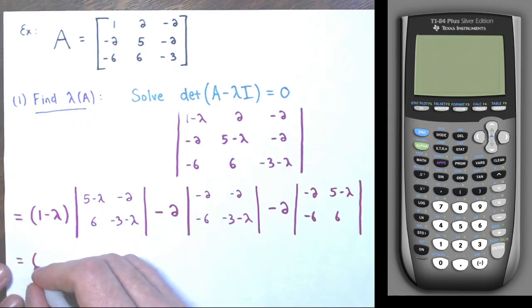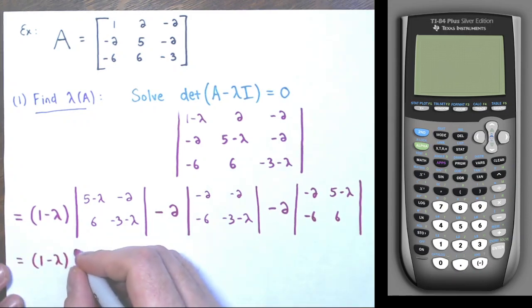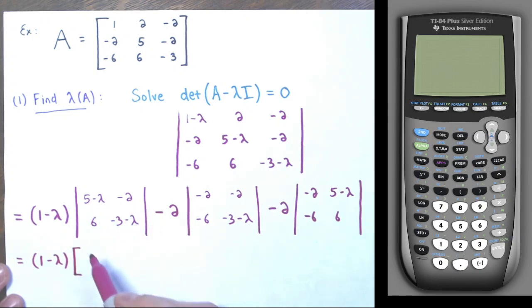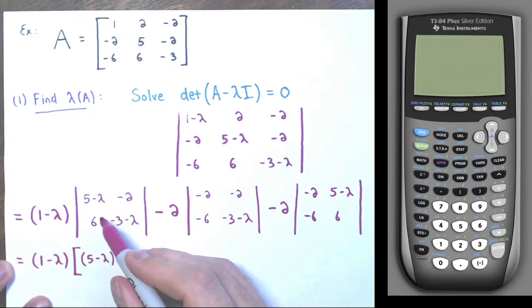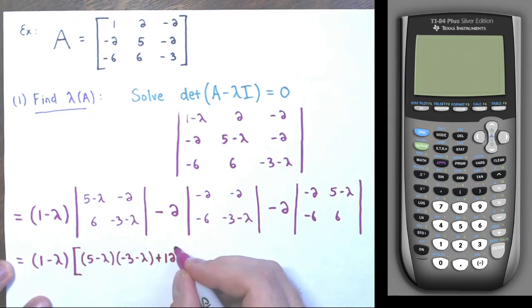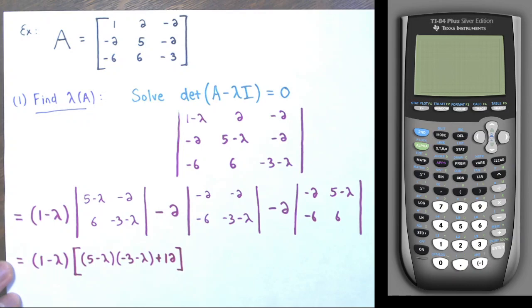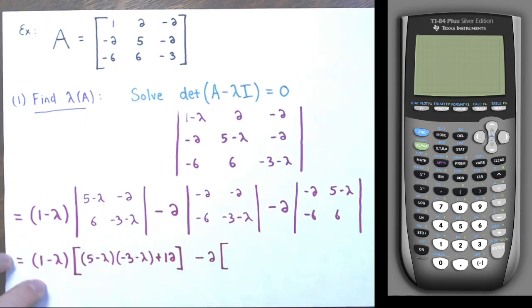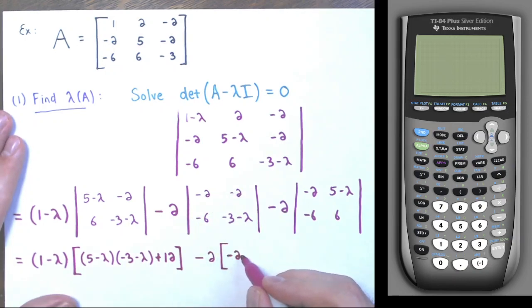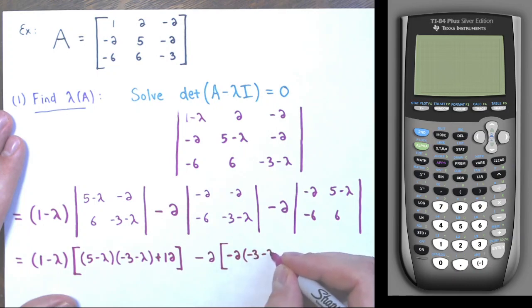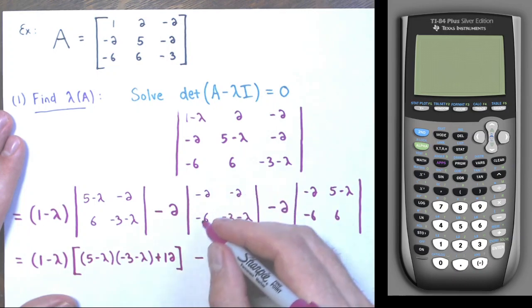So for this first one, you have 1 minus lambda multiplied by, and all these are 2 by 2s here, 5 minus lambda times negative 3 minus lambda, and then plus 12, minus negative 12 plus 12. Then we have minus 2 times, in the bracket here, this determinant: negative 2 times negative 3 minus lambda, minus 12.